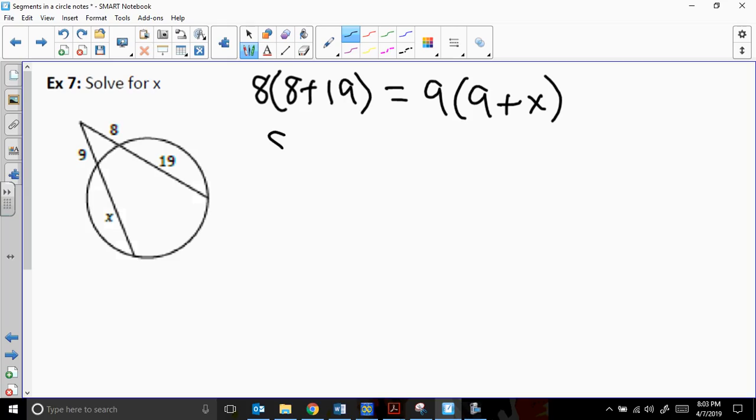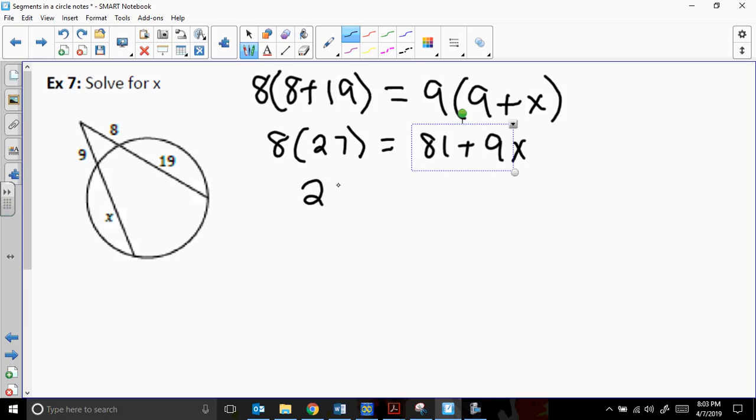Okay, so now I'm going to just simplify this. And so 8 plus 19 is 27. And then I'm going to distribute here. So 9 times 9 is 81 plus 9x. I'm going to finish simplifying here. 8 times 27 is 216 equals 81 plus 9x.